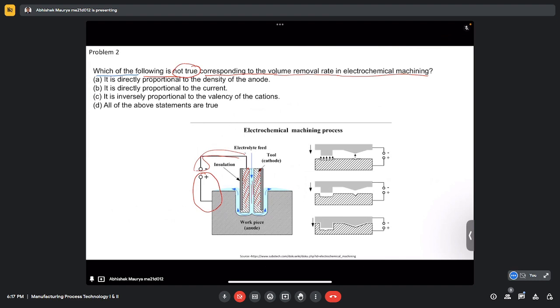We are providing a flow of electrolyte. So material removal will take place from the workpiece region.